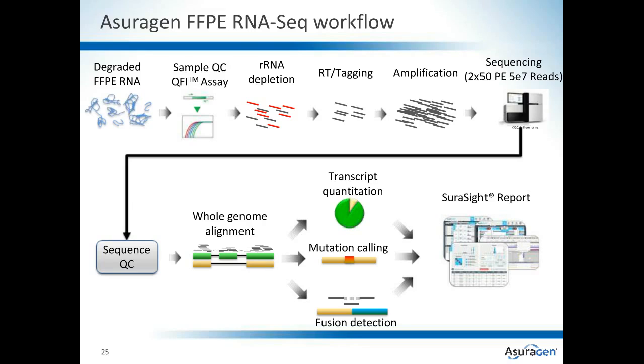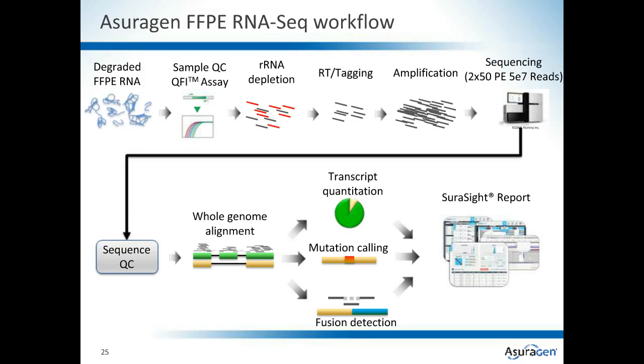Strand-specific libraries are then amplified and sequenced on an Illumina flow cell with a 2x50 paired-end reaction at a target read depth of 50 million reads per library. The resulting FASTQs are assessed by a bioinformatic QC process, and then a whole genome spliced alignment is performed.